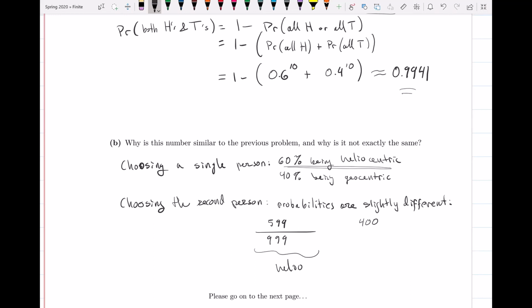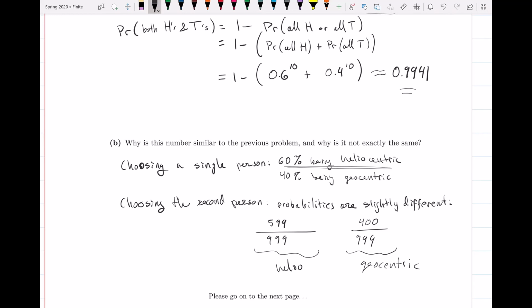And we'd have 400 over 999 as the probability of being geocentric. So these are very close to 60% and 40%, but they're slightly different. And each time you choose another person, the probability changes again slightly.